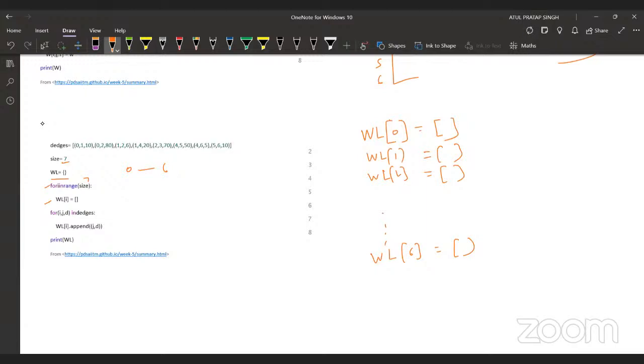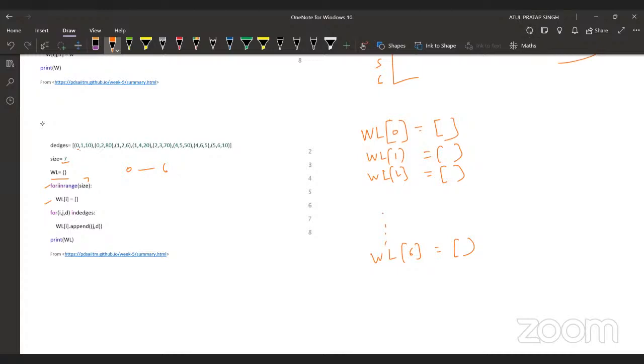After that, we are reading all the edge information from the edges list, and in each tuple we check the value of the first index. If this is 0, then at this position we append J comma D. We are appending J comma D to this empty list.